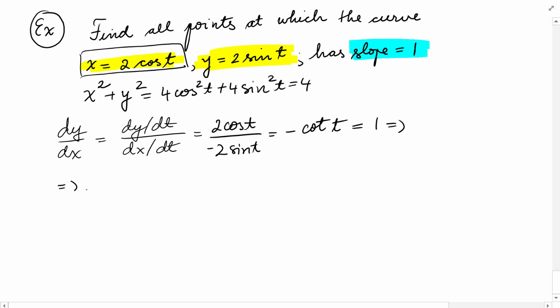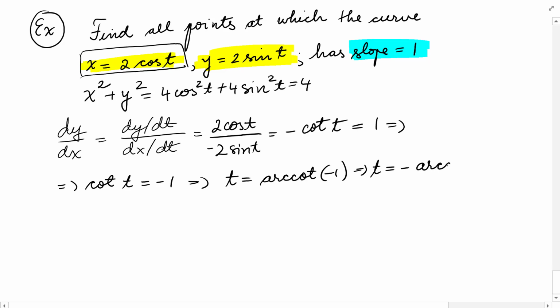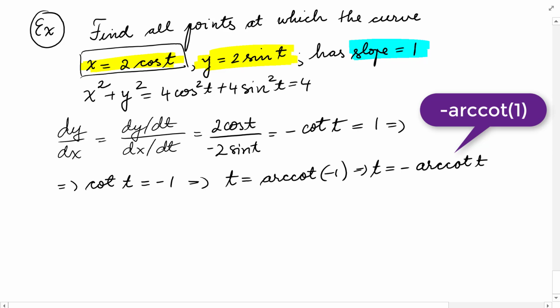So that means cotangent of t equals negative 1, or t equals arc cotangent of negative 1, or t equals negative arc cotangent of 1, just because cotangent and its inverse are odd functions.